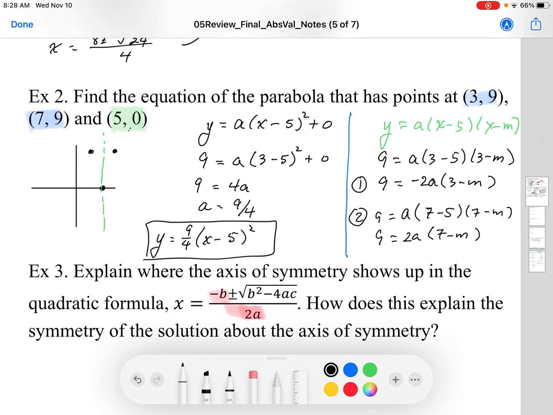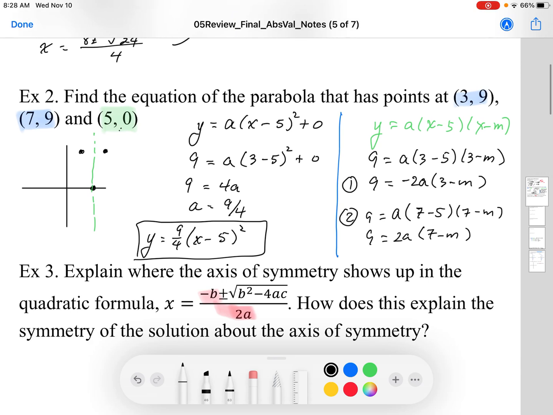Okay, and then we can solve that as a system of equations. So this is by far the harder strategy. If we can recognize the symmetry and the fact that that green coordinate is the vertex, that will help out greatly.